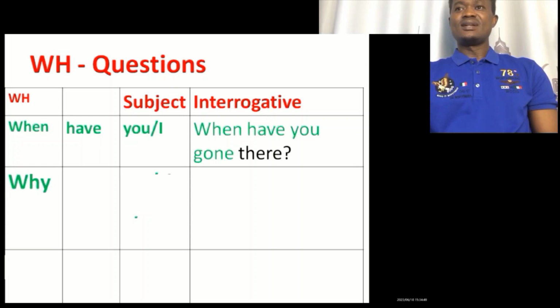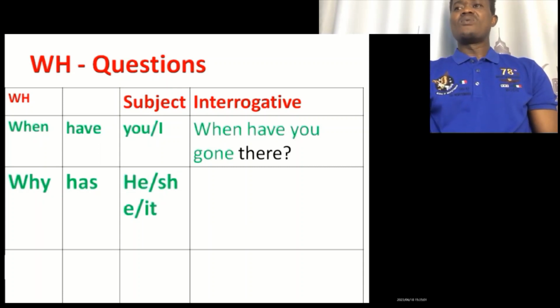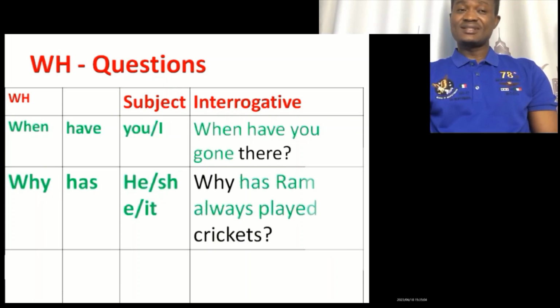Now let's use why. Let's use the auxiliary verb has, and we use the subject form he, she, it. That's the third person pronouns. Let's ask a question in interrogative form: why has Ram always played cricket? This is the noun form, Ram.